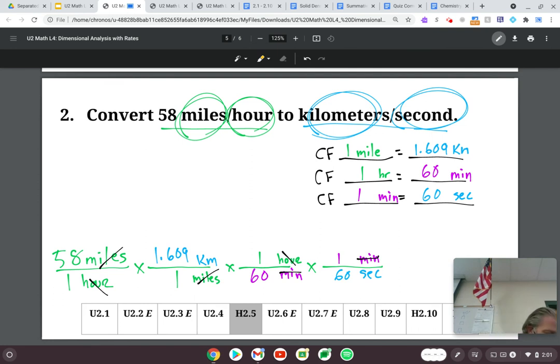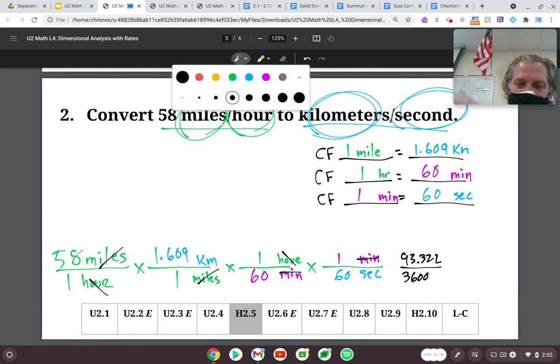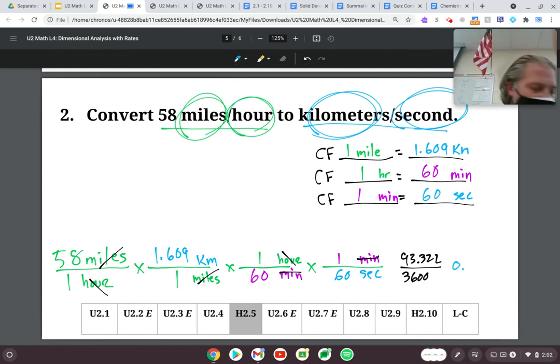So I'm going to multiply straight across, which is 58 times 1.609, and I get about 93.322. Then 60 times 60 is 3,600. When I simplify that, I get something like 0.026, and this will be kilometers in 1 second.